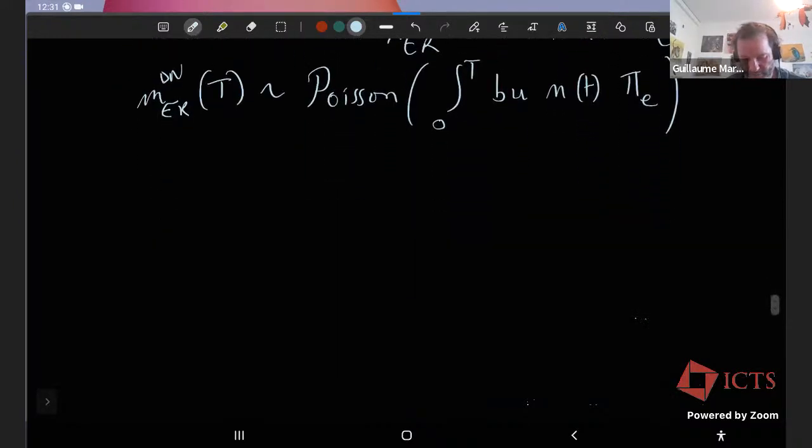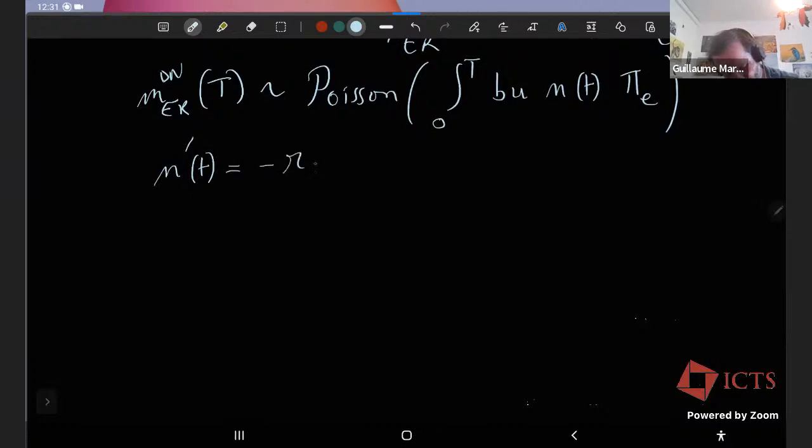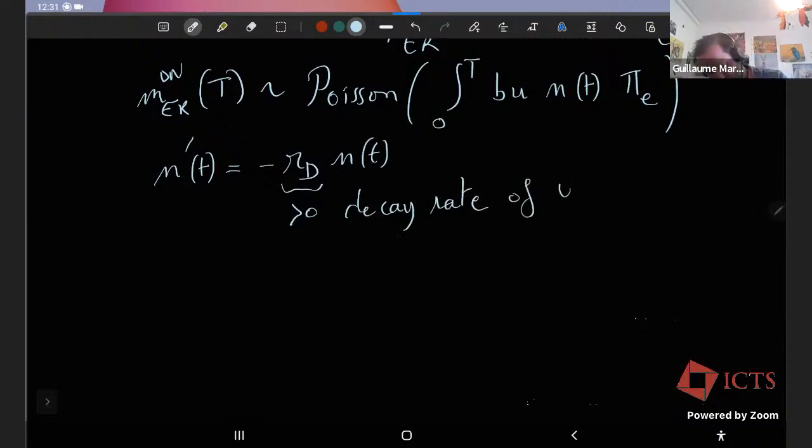And now we can, of course, make this integral explicit, because we're saying that N of t has a simple exponential demography. I prefer to do it this way, actually. So this is a positive decay rate, r_d, of the wild type. So the growth rate is minus this.